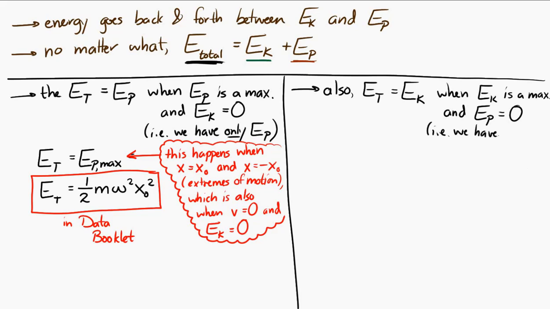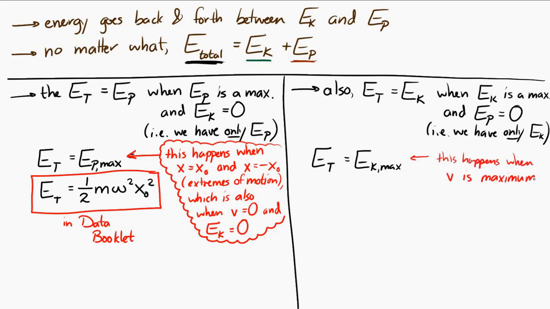Well, let's think about it. The kinetic energy is at its maximum value when we have 1/2 mv squared and v is maximum. Well, the maximum that v can be, if we look at our v equation, v is equal to omega x naught cosine of omega t plus phase. The greatest that this can be is omega times x naught.